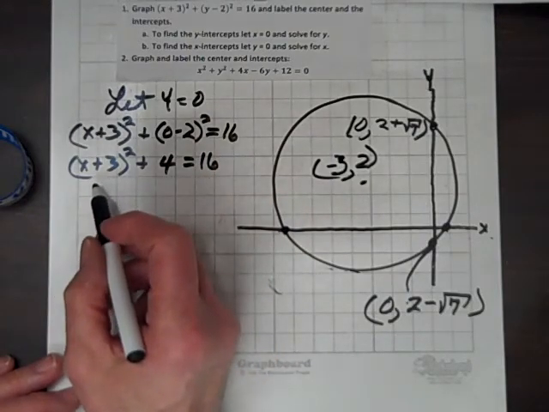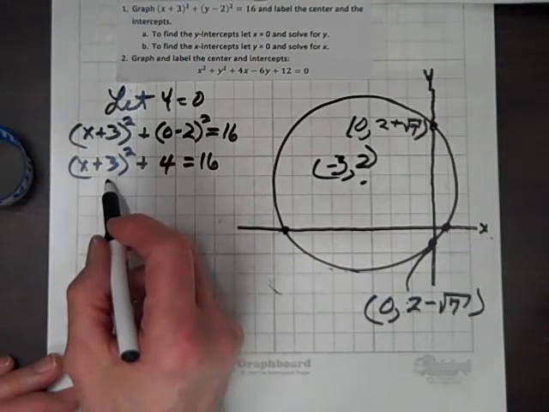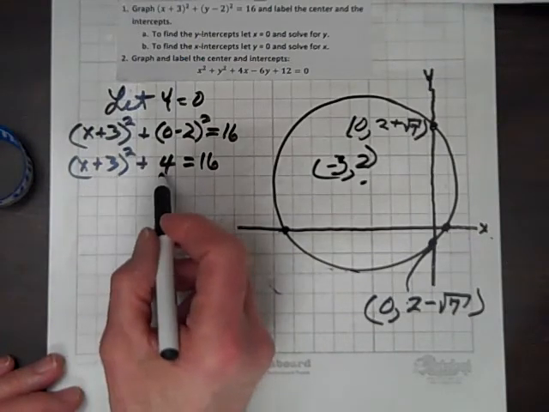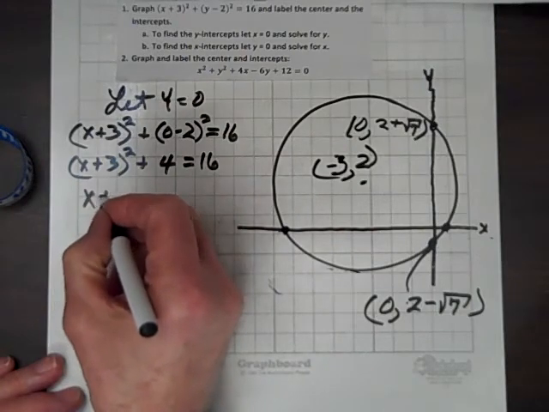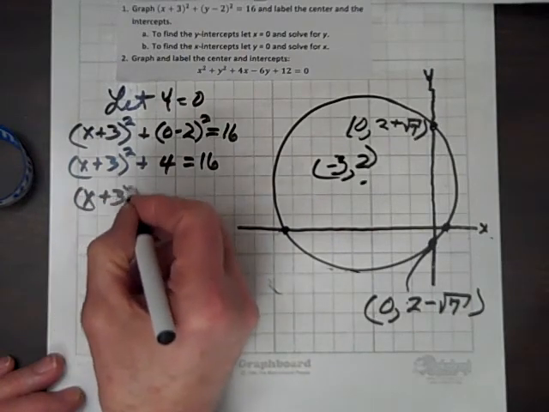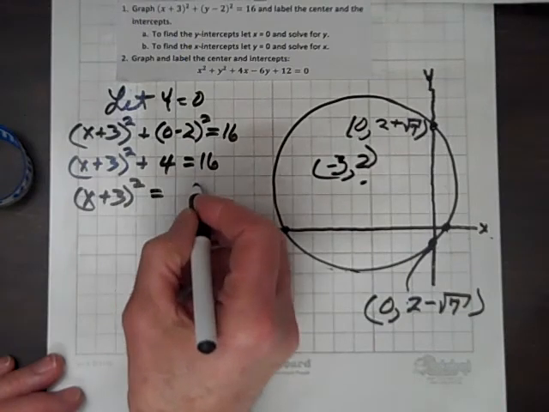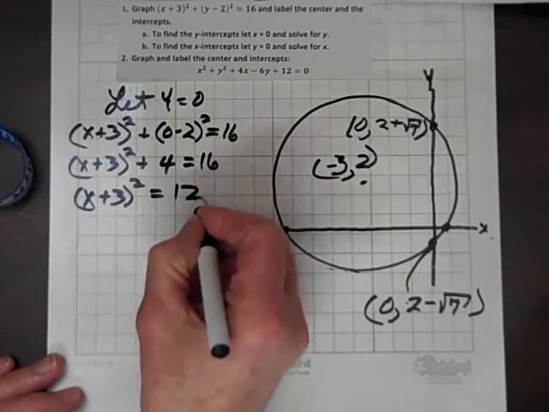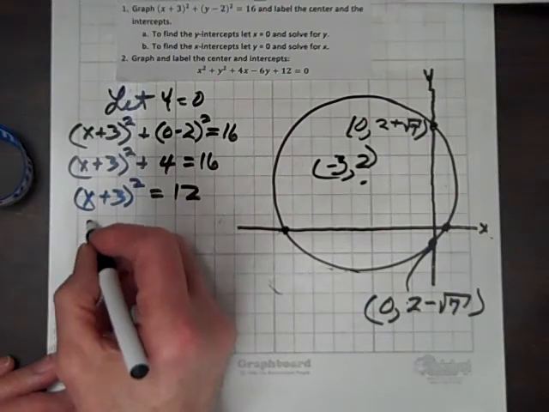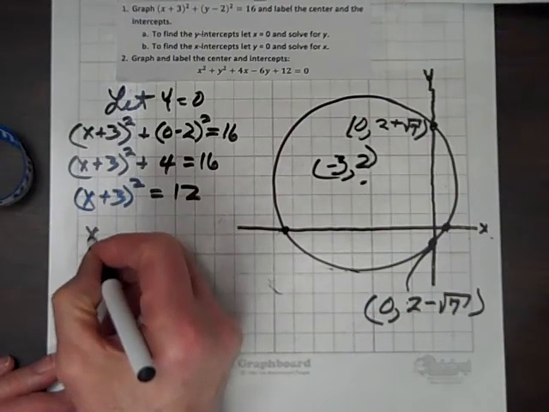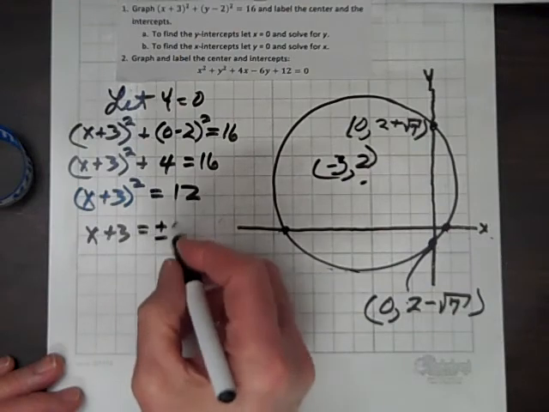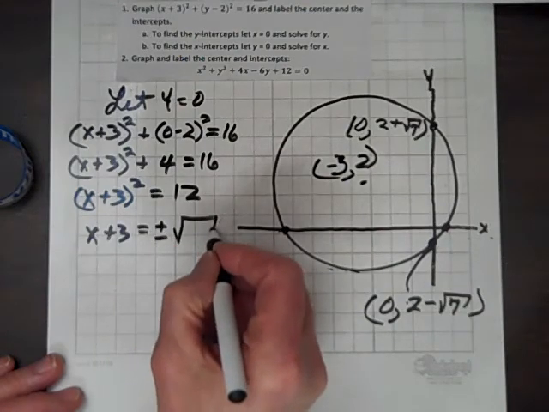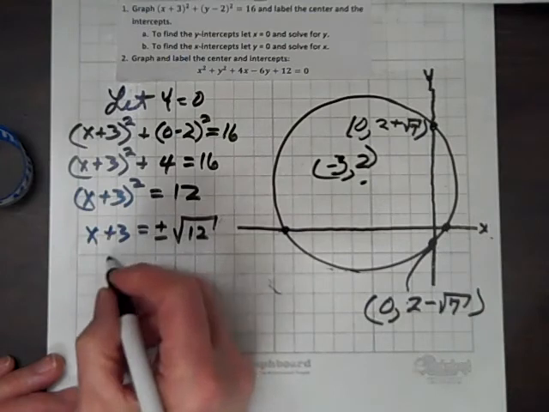So we will isolate the term with x in it. Consequently, we'll subtract 4 from both sides. So we have (x + 3)² = 12, since 16 − 4 is 12. By the square root property, we get x + 3 = ± √12.